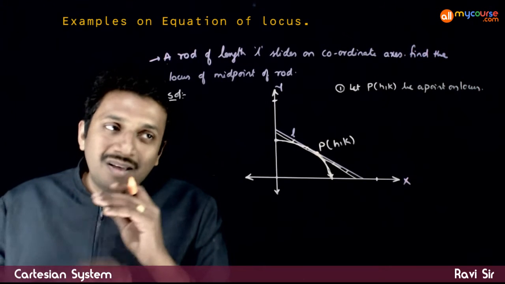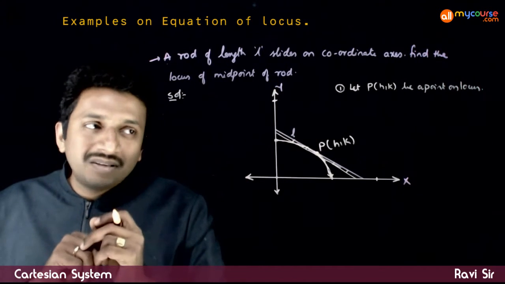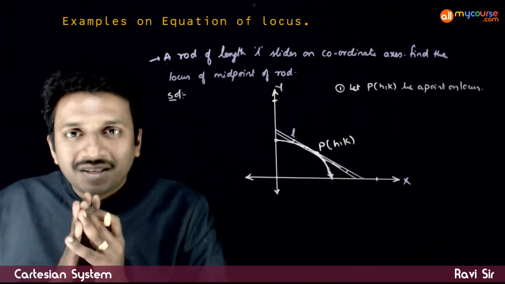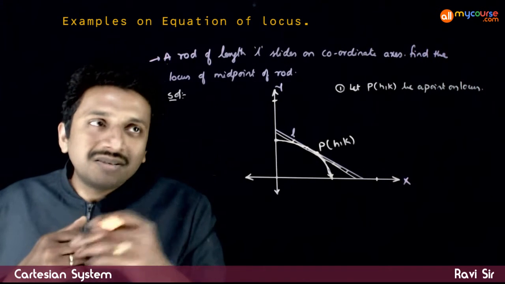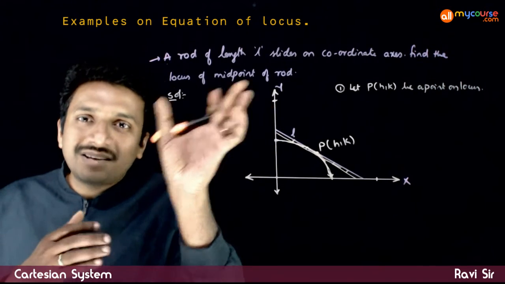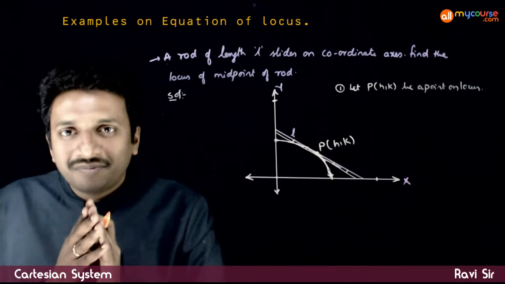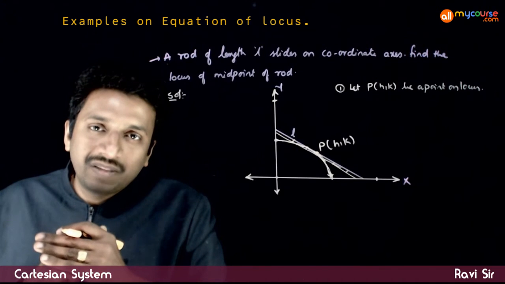Now, how do we convert the condition which is given? The condition is that P(h, k) is the midpoint of this rod. So how can you create a mathematical condition corresponding to this physical condition? Now we know that P is the midpoint of this ladder.